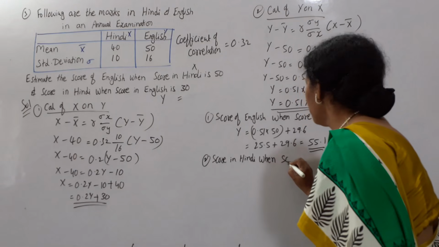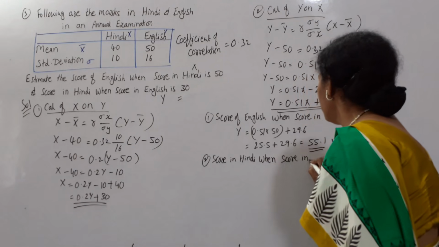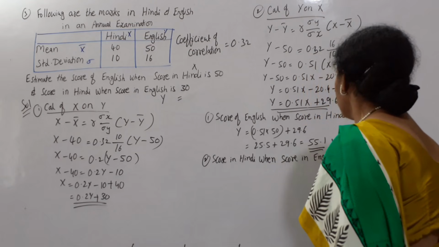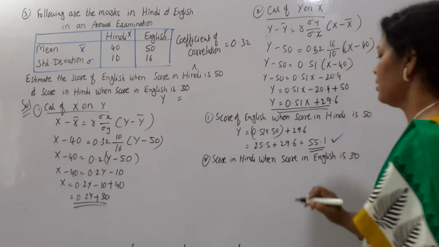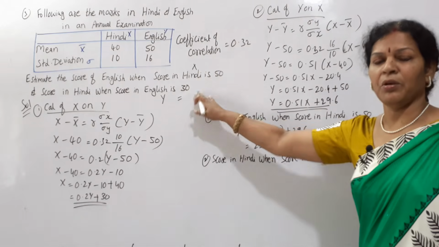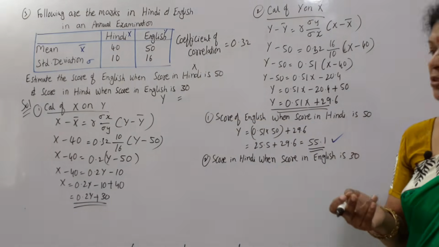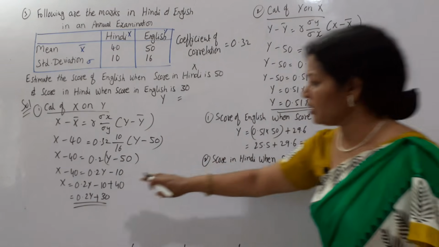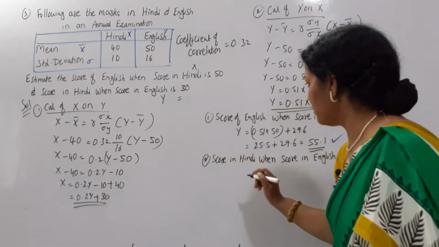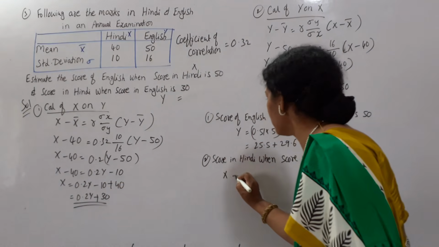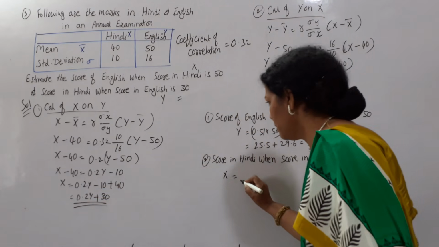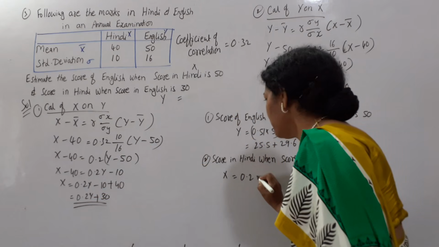When score in English is 30. Simple. Y value when it is 30, what is the value of x? To know the x value, we need to take this formula. X value we wanted to find out. So we are taking this formula. X is equal to 0.2 into y.